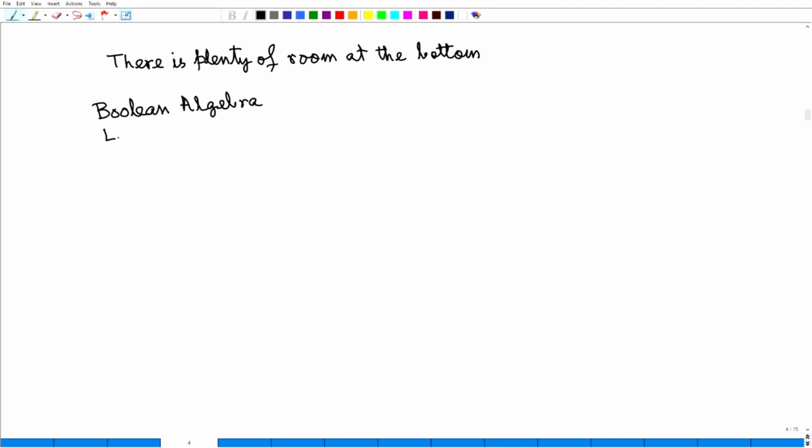Logic gates and Boolean algebra are the fundamentals of a computer, the heart of computers. So what do we do now with molecules? How small is a molecule? We cannot see it.